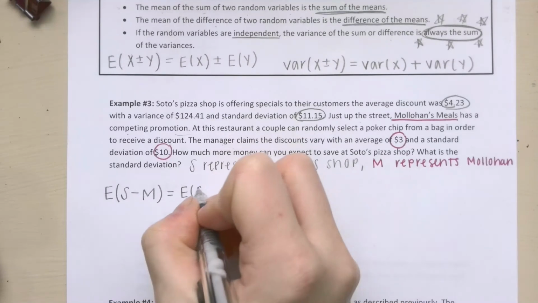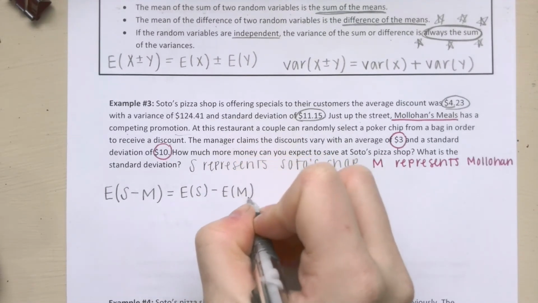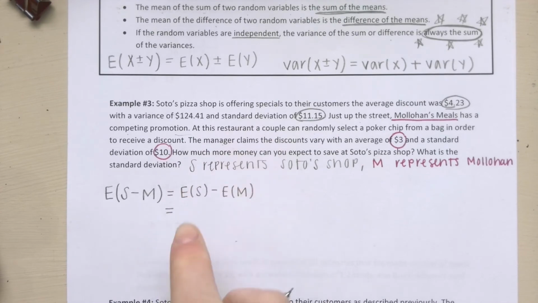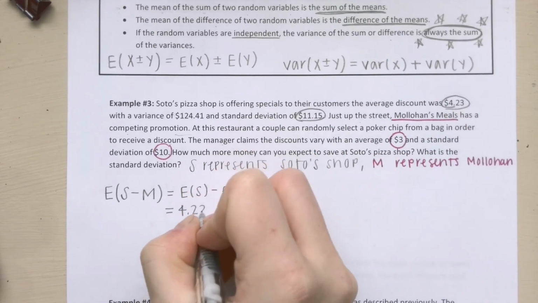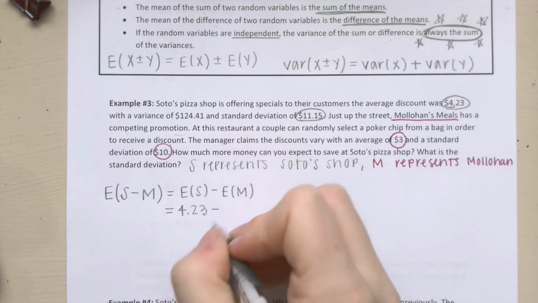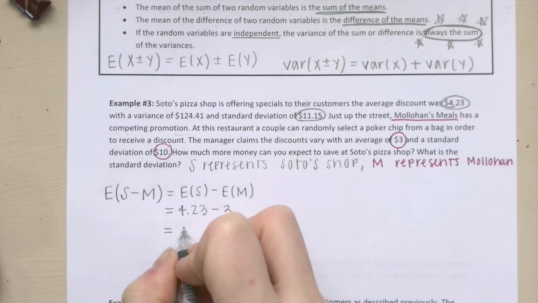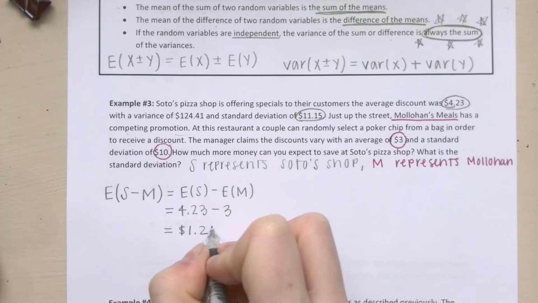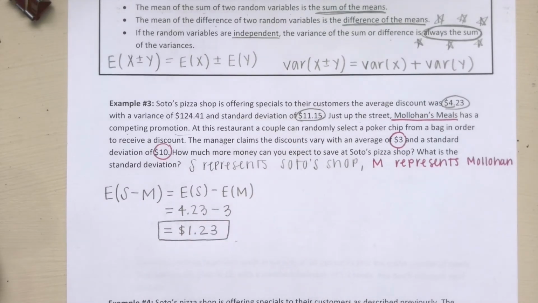So I have my expected value of Soda minus the expected value of Mollahan. For Soda's, my average was the $4.23. Mollahan's was just $3. That gives me a difference of $1.23. So I can expect to save $1.23 more at Soda's restaurant than at Miss Mollahan's.